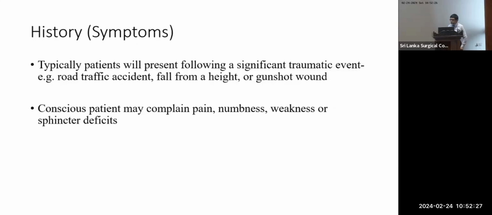Usually they will give a history that may point you to suspect either a direct or an indirect spinal injury. And of course, a conscious patient will complain of pain, numbness, weakness, or sphincter deficits, like he or she can't pass urine or is incontinent of urine or bowel or both.